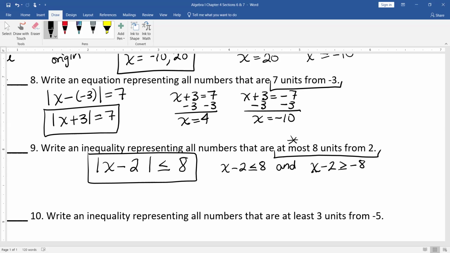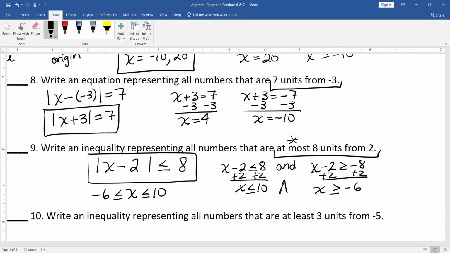So we add 2 to both sides. x is less than or equal to 10, and x must be greater than or equal to negative 6. So x greater than or equal to negative 6, less than or equal to 10. There's our solution set.